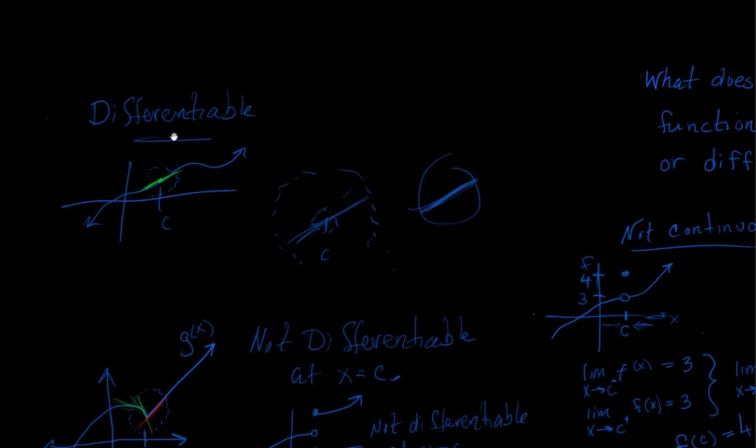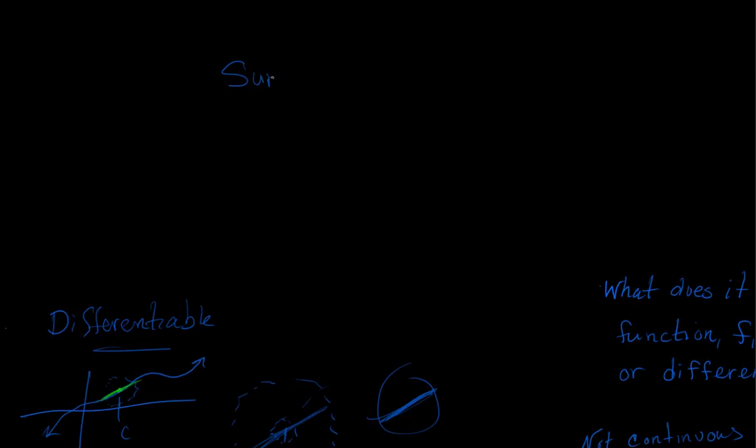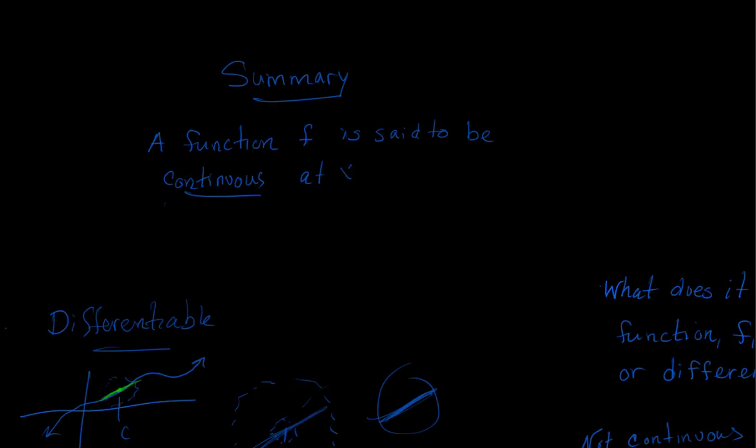Let's summarize. A function f is said to be continuous at x equals c if the following three conditions are true.